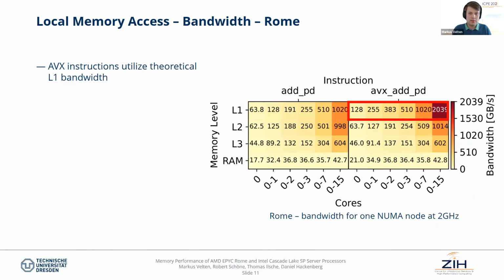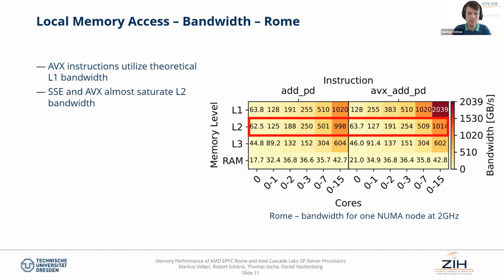Let's take a look at the cache and main memory bandwidth we were able to measure. In this plot, you can see the bandwidth for AVX and regular SSE instructions. We were able to see that AVX instructions utilize the theoretical L1 cache bandwidth, and the SSE instructions come very close to their limits.